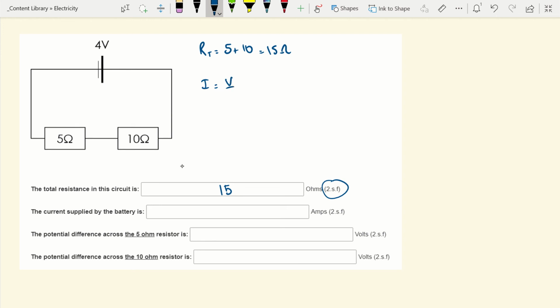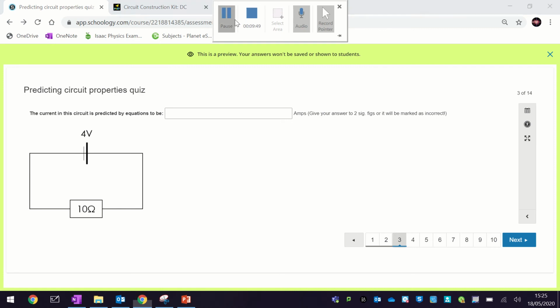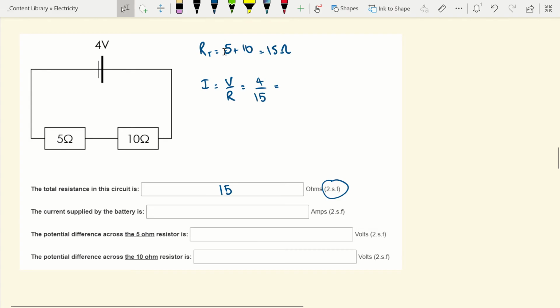Current, we need to do the total potential difference divided by the total resistance. So that's 4 over 15, which we can then calculate the current of. Let's do 4 over 15.